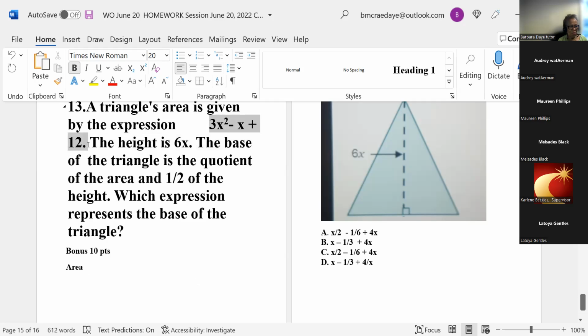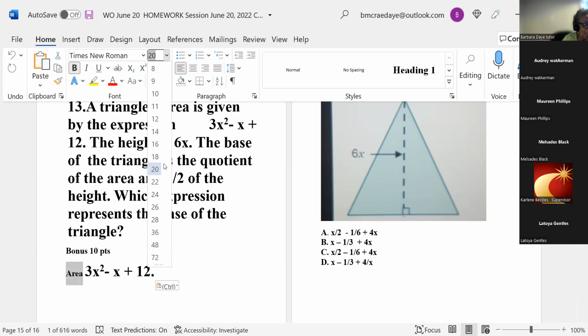Okay, so this is the area. So let's put this down. Let's put that bigger, because the area of the triangle is half base times height.